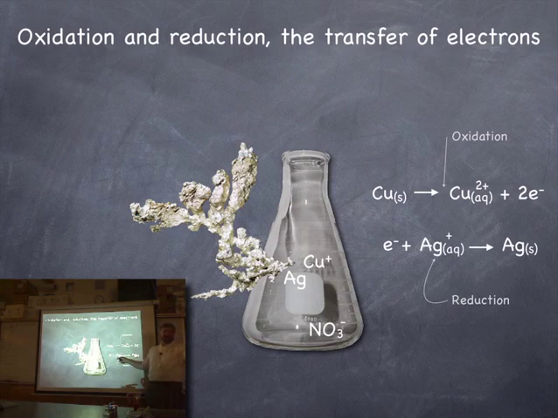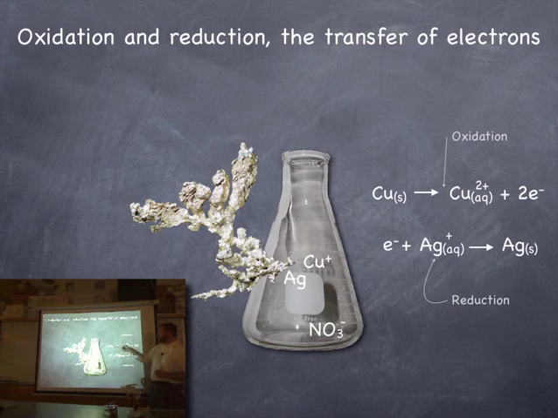Oxidation involves loss, OIL. Reduction involves gain, RIG. Oil rig is a mnemonic that you can use to help you remember, is this the oxidation part of the reaction or the reduction part of the reaction?